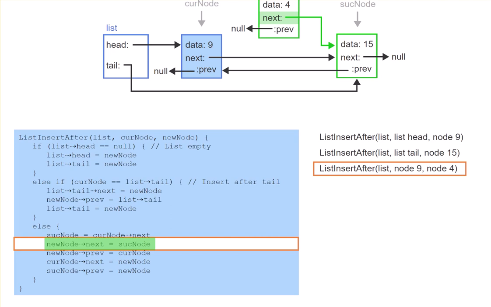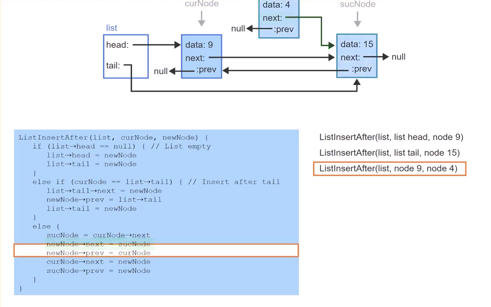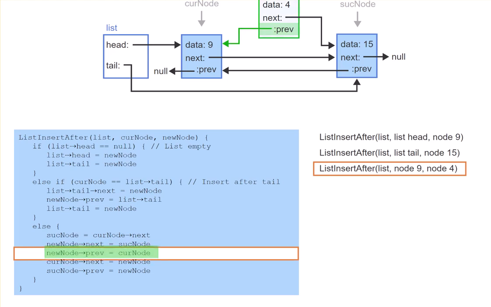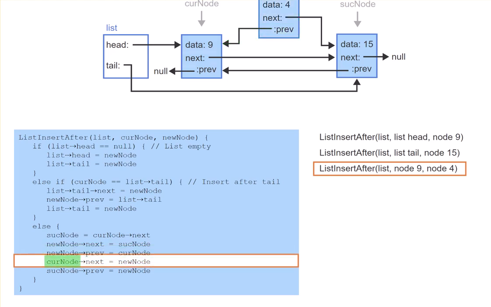Let's see what happens next. So the new node's previous pointer assigns to the current node. Right there. And the next line of code executed: the current node's next pointer assigns to the new node.